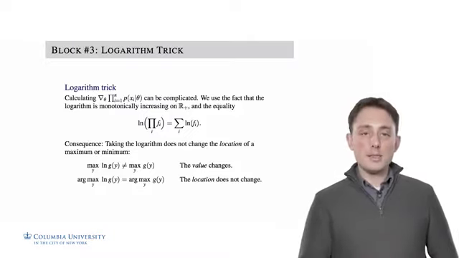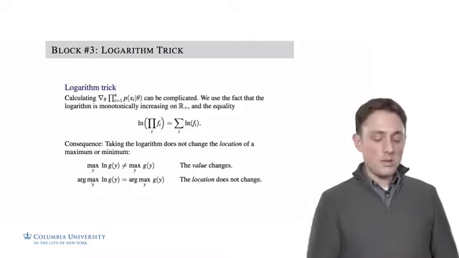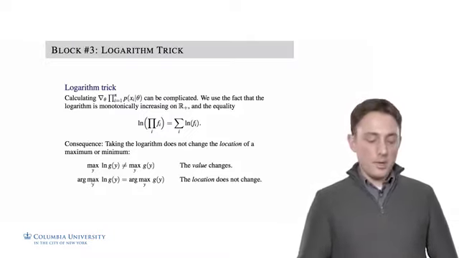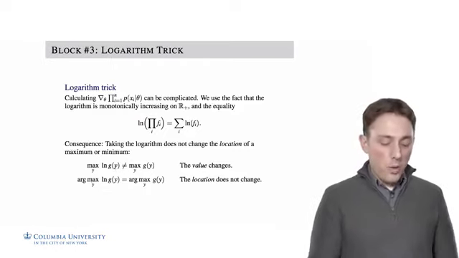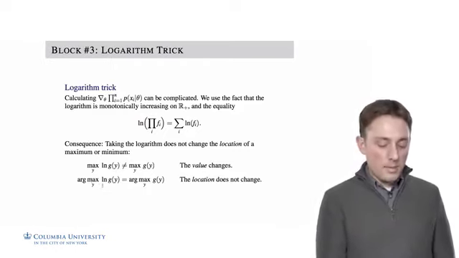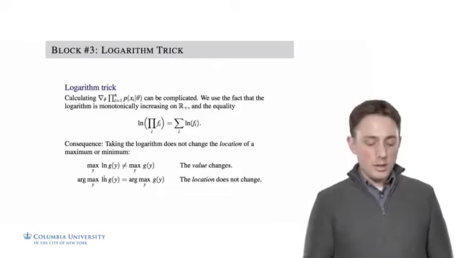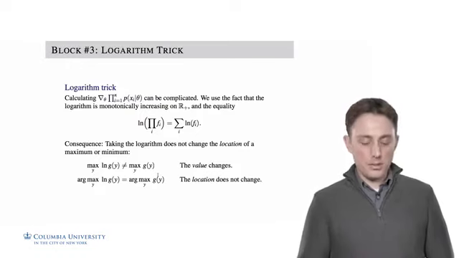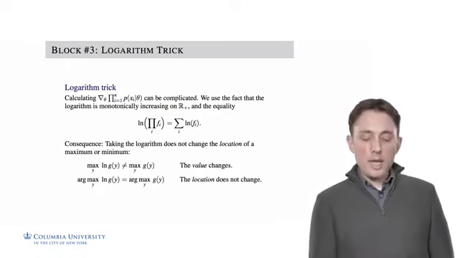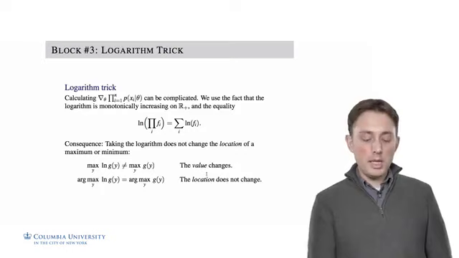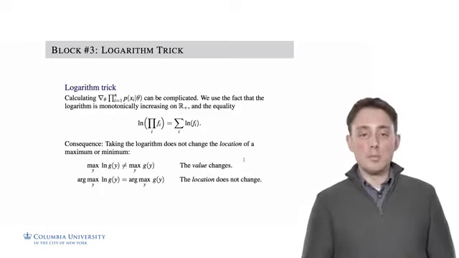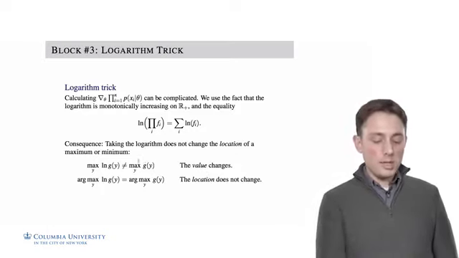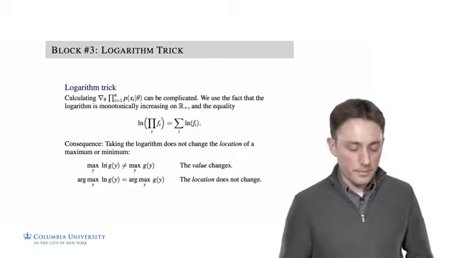The argmax is the same, so the location doesn't change. So the value of y that maximizes the log of a function g is equal to the value of y that maximizes the function g, if g is a positive function. So the location of the maximum doesn't change, even though the value of the maximum clearly does change because g is not equal to log g.